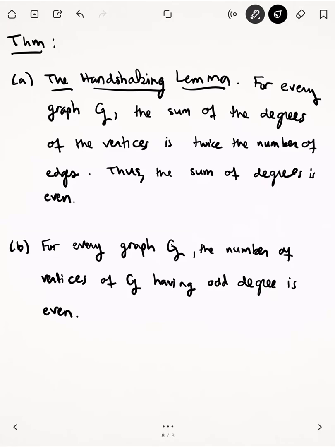Okay, so just take a second to digest what that's saying. If you look at all the vertices of a graph and you see that some of them have odd degree and some of them have even degree, the number of vertices that have odd degree is always going to be even. Okay, so let's go ahead and prove this.